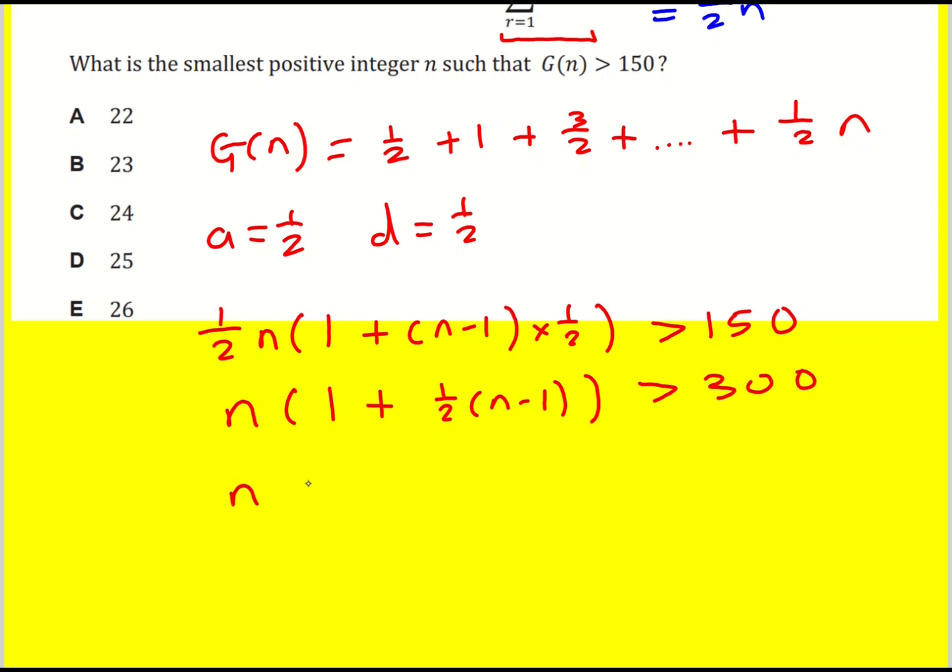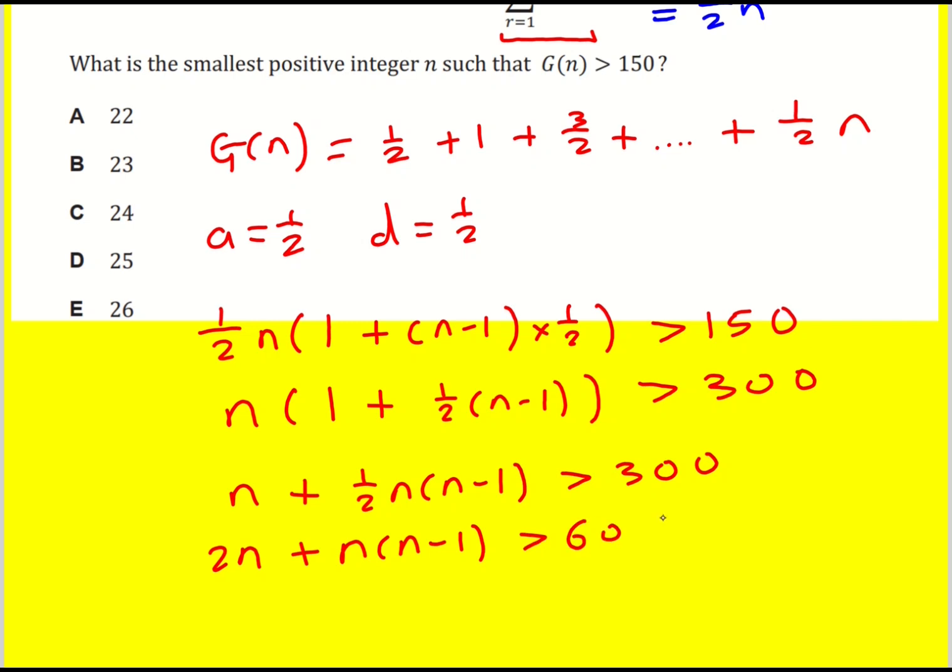Now let me expand the bracket. n plus a half n minus 1 be greater than 300. Times through by 2, 2n plus n minus 1 greater than 600. So n squared minus n plus 2n, so that'll be plus n, needs to be greater than 600.